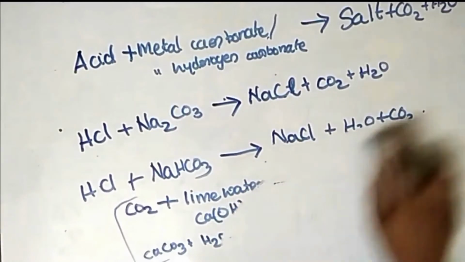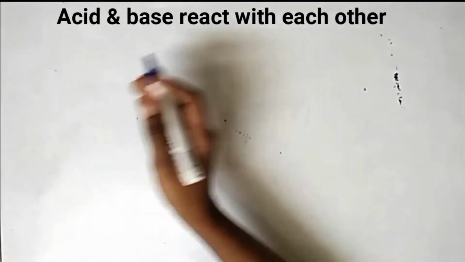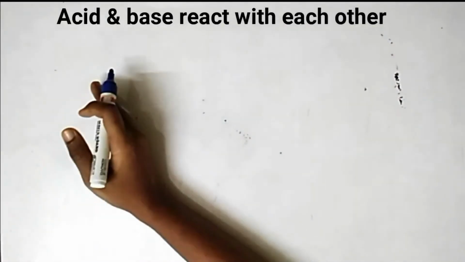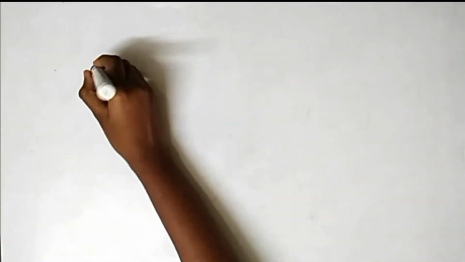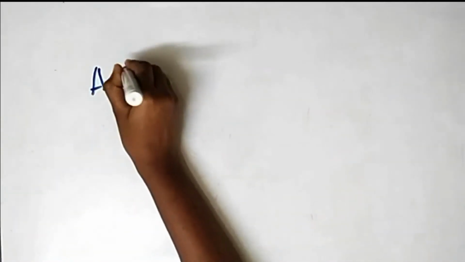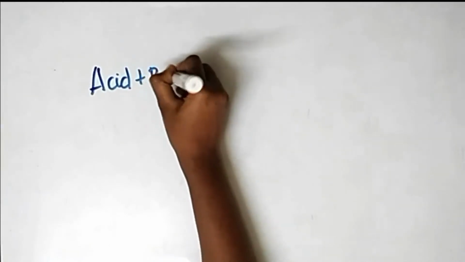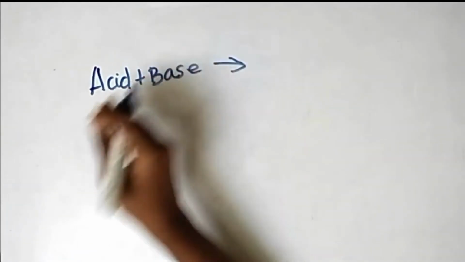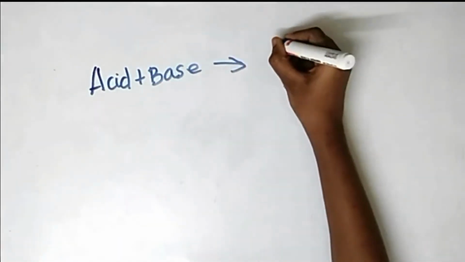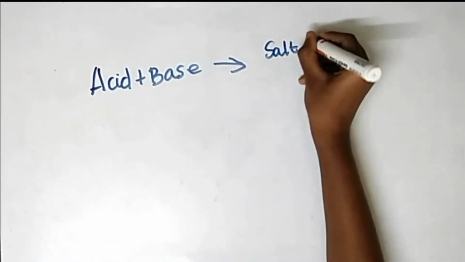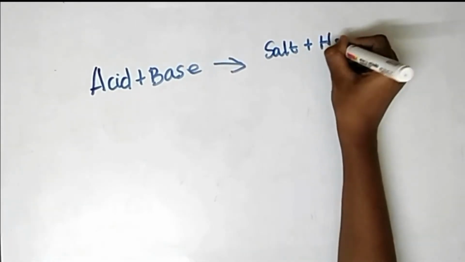Next we will study what happens when acids and bases react together. When an acid and a base react together, they neutralize each other, and salt plus water is formed.